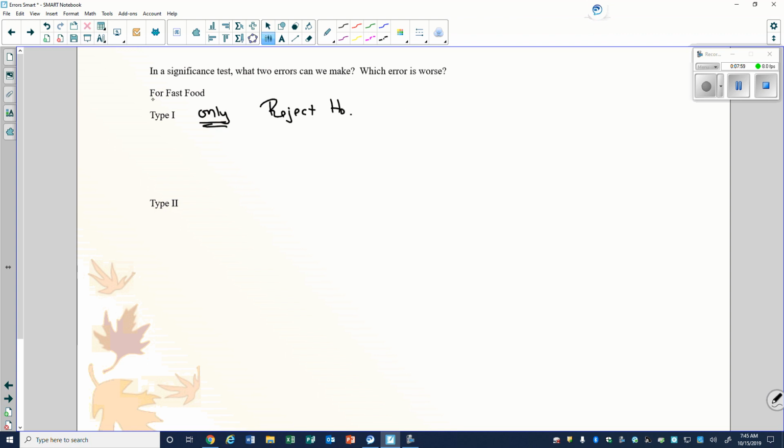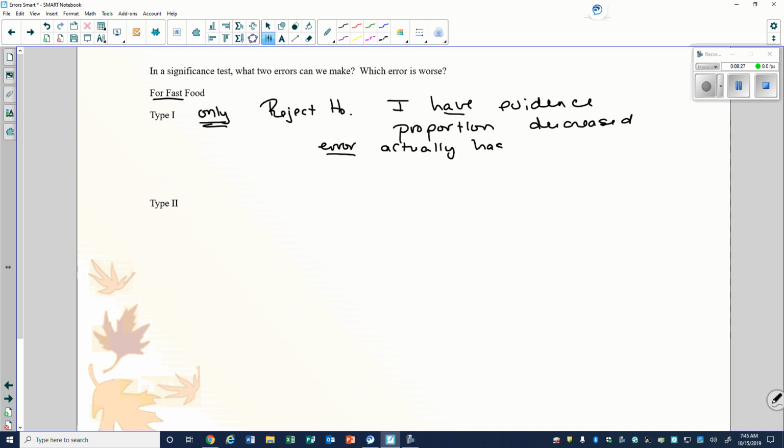So in that fast food example, to reject the null hypothesis would mean that I do have evidence that the proportion has decreased, the proportion of drivers that are waiting longer than 2 minutes. So I say that it has decreased, so my error would actually be that it actually has not decreased.